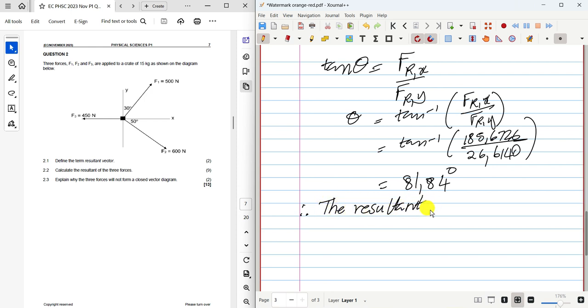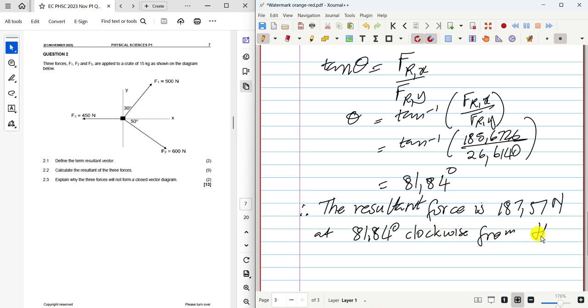Therefore, the resultant force is 187.57 newtons at 81.84 degrees clockwise from the x-axis.